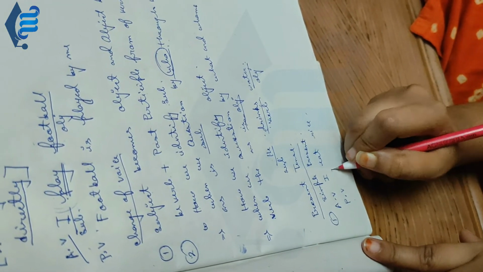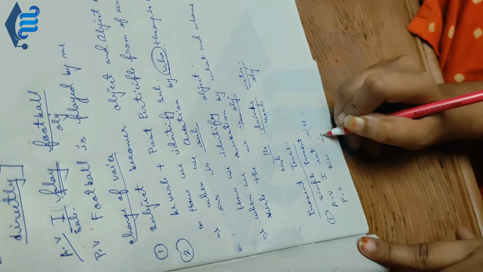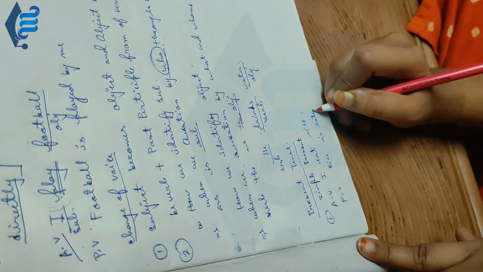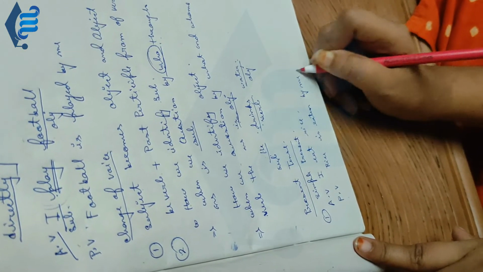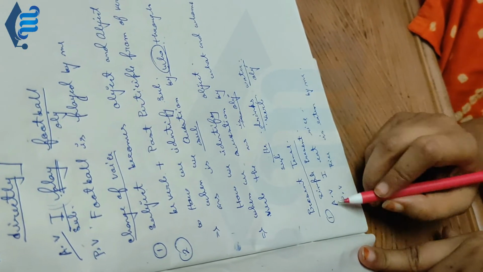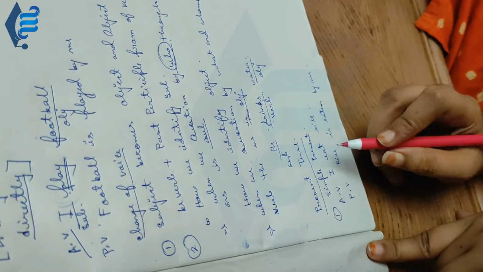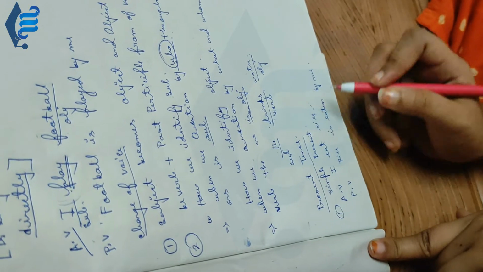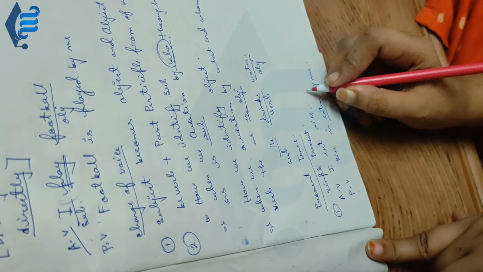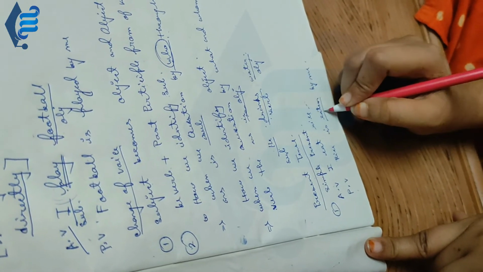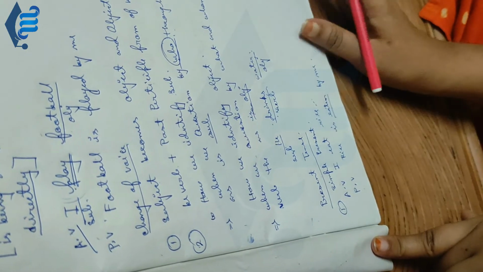Passive, rice is eaten by me. Here subject becomes object and object becomes subject, and eaten is the past participle form of the verb.